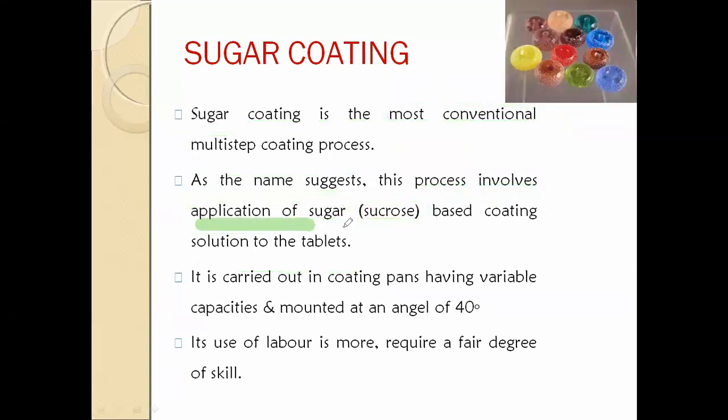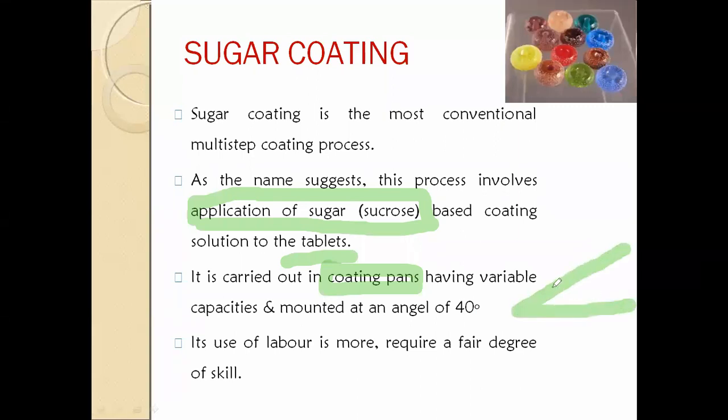Here we are going to apply sucrose based coating solutions to the tablet cores. The sugar coating process is carried out in coating pans which have a variable capacity, and these coating pans are normally mounted at an angle of 40 degrees.